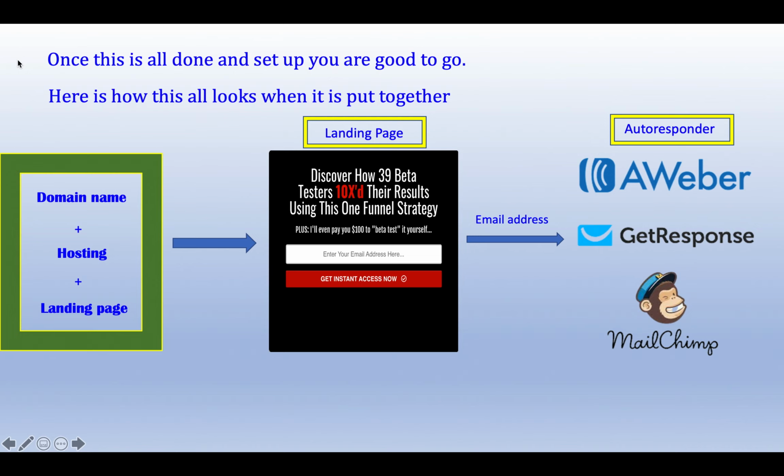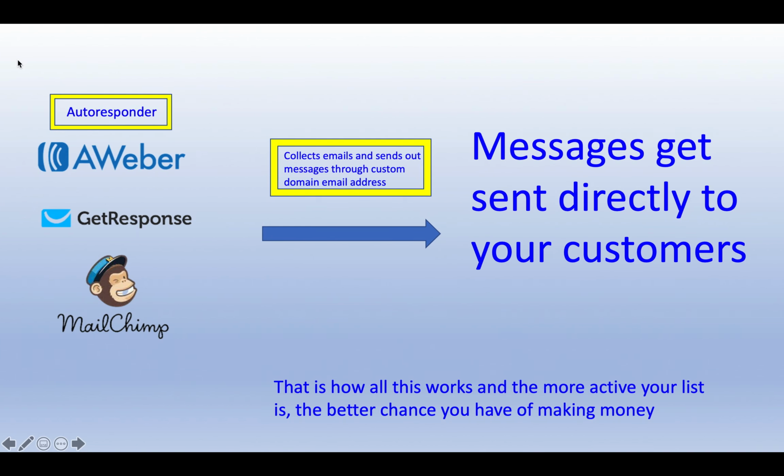Once they put their email address in, it goes to an autoresponder, either Aweber, GetResponse, or MailChimp. From there that autoresponder collects your emails and sends out messages through your custom domain email address. Those messages get sent directly to your customers. This is how email marketing works. And the more active your list is, the better chance you have of making money.